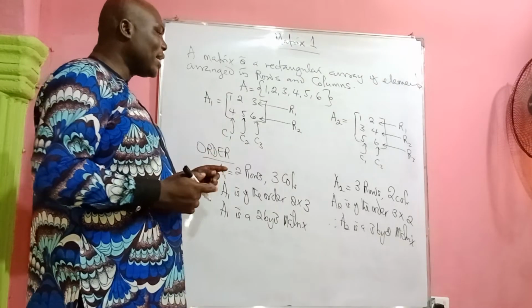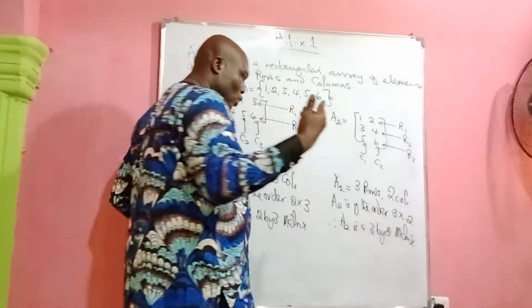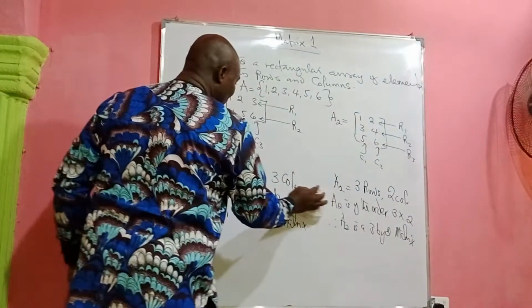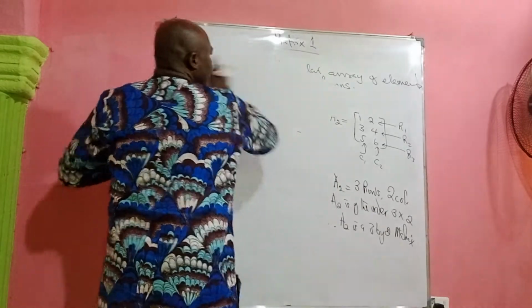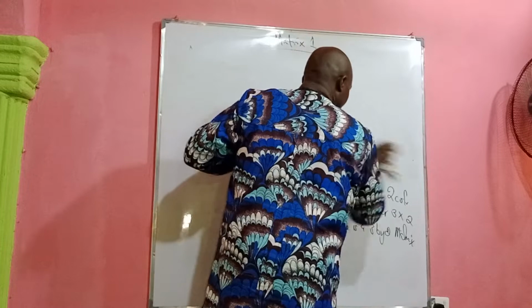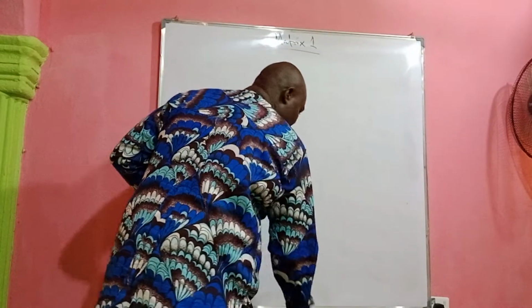Now, when you understand the concept of the order of the matrix, you can go ahead to add and subtract matrices. So let's go straight to addition and subtraction of matrices.